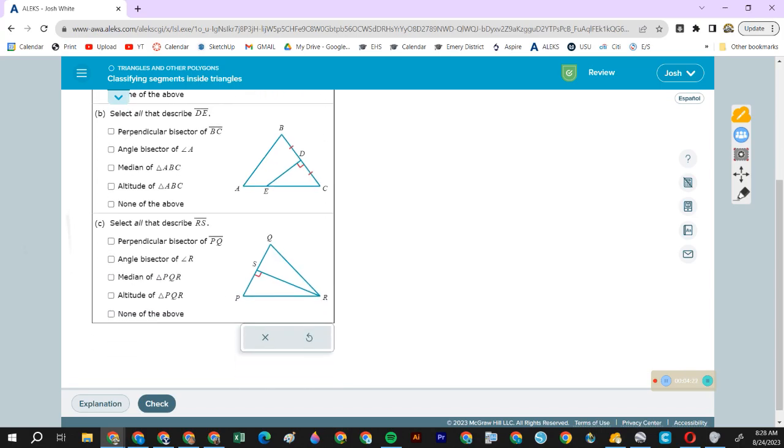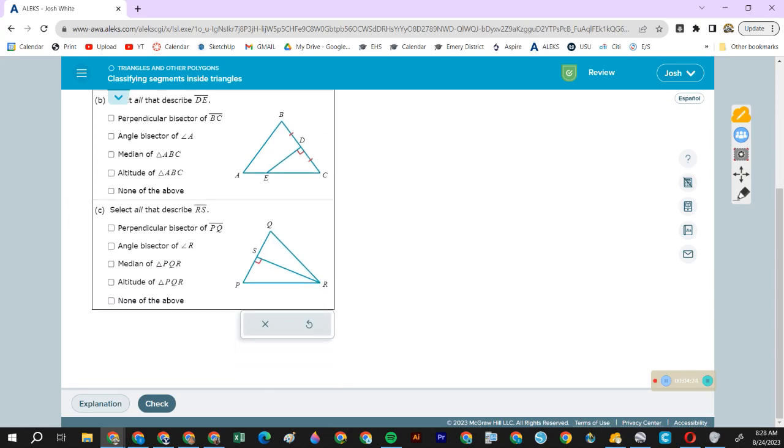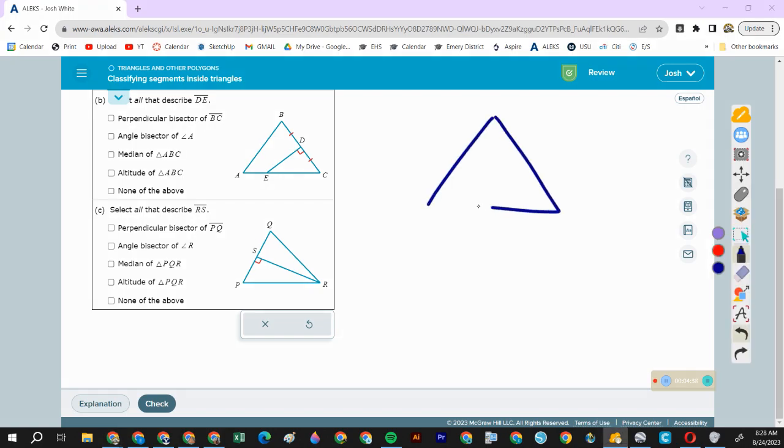And then C, vertex and right angle. That's an altitude. An interesting thing to note, if I have an equilateral triangle, and I didn't draw that very well, and I draw this, which one is that? Without labeling it.